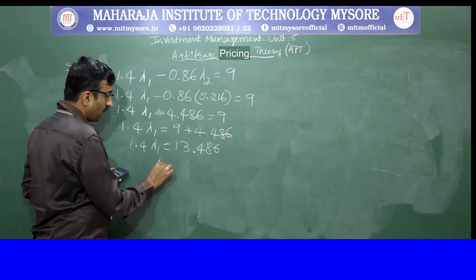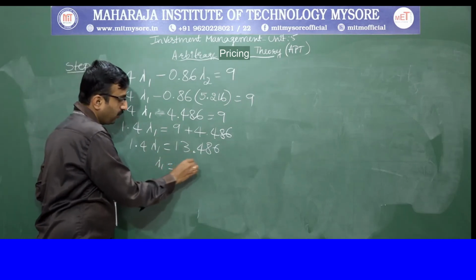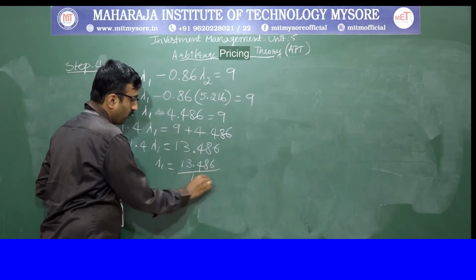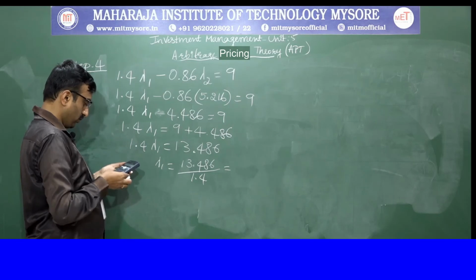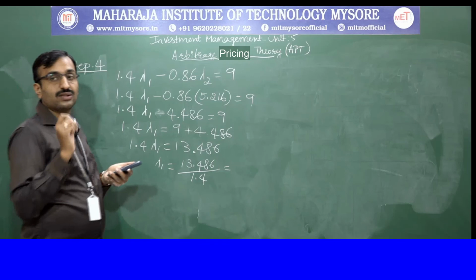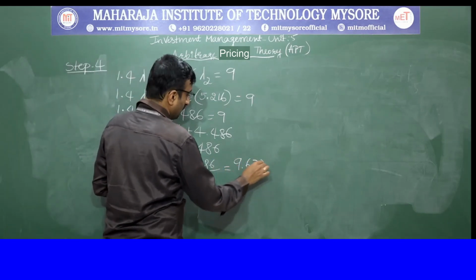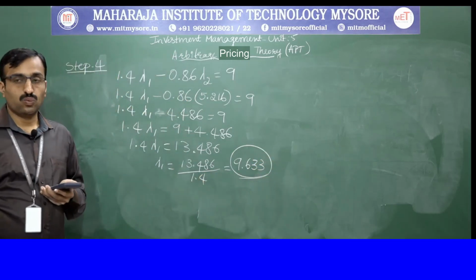Then lambda 1 is equal to 13.486 divided by 1.4, if you do, you will get 9.633. This is called lambda 1.